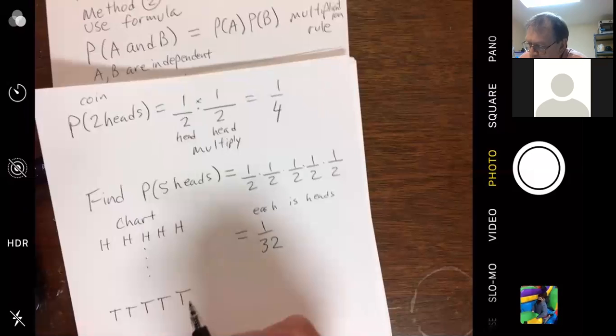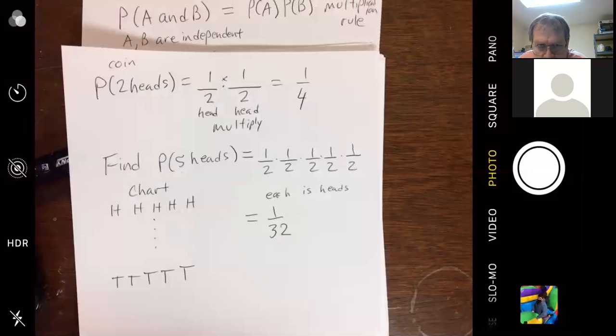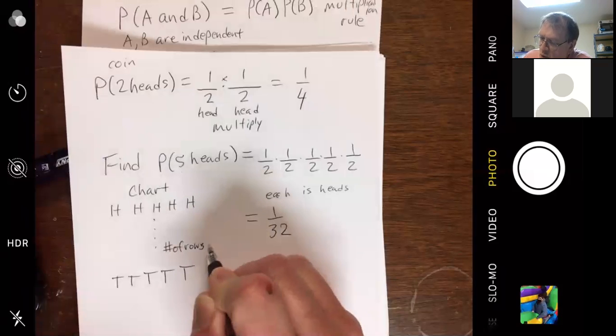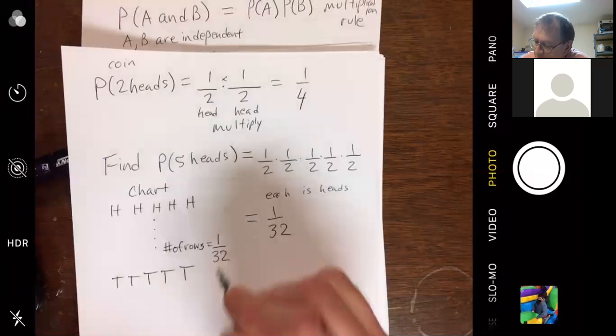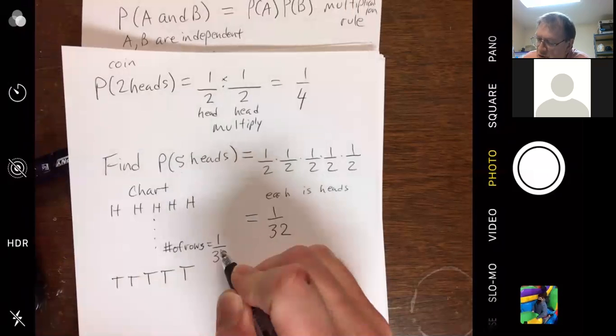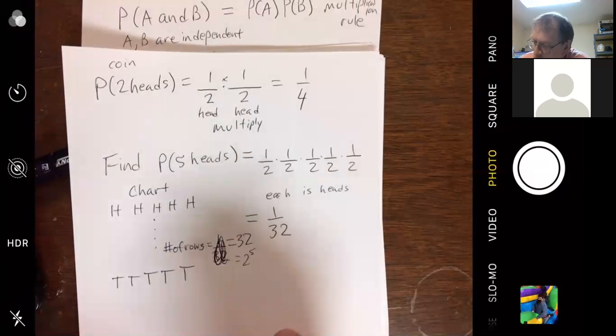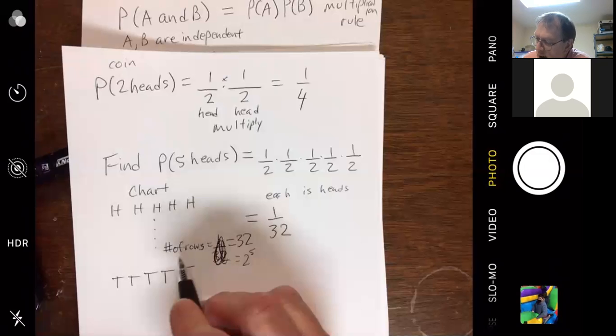Remember, all heads is one row out of 32. Your number of rows is 32, which was 2 to the 5th. So your probability is one row out of 32.